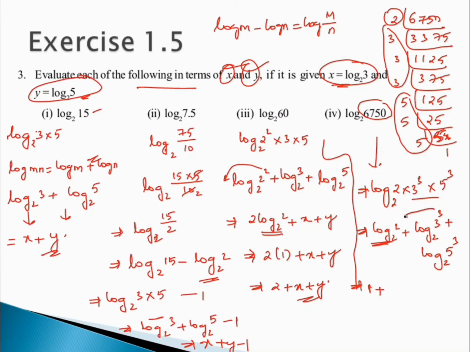Okay, now the power is shifted here, so we are having 1 plus 3 log 2 of 3 plus 3 log 2 of 5, right? So I'm just substituting the values again and get 1 plus 3x plus 3y as your required answer over here.